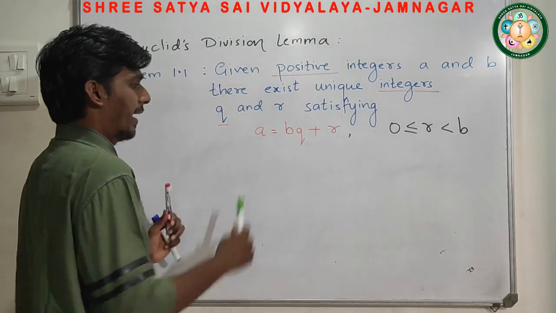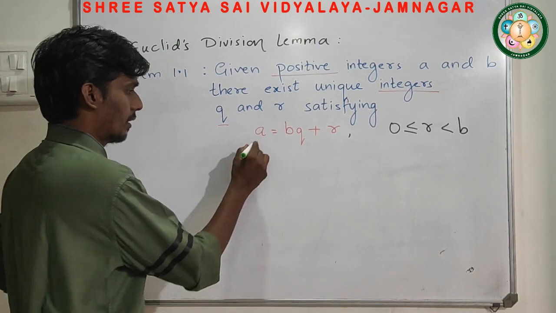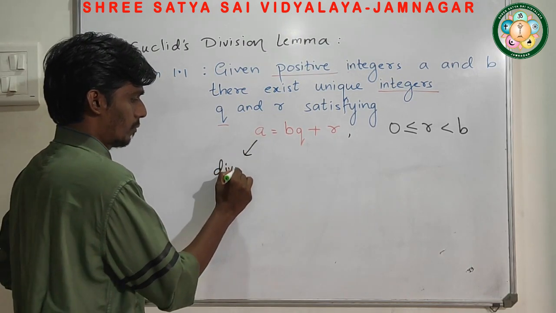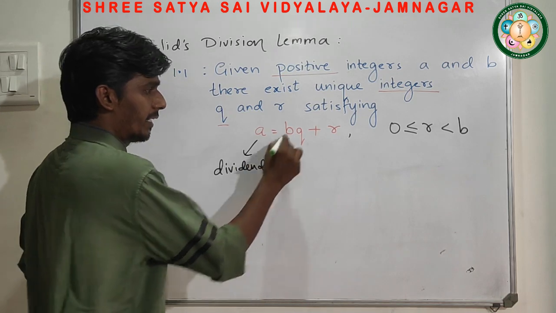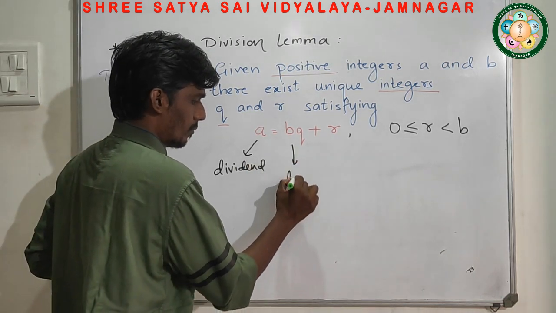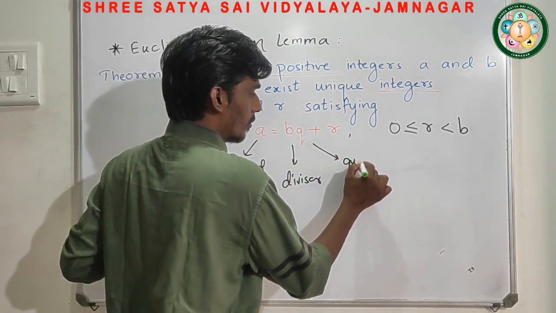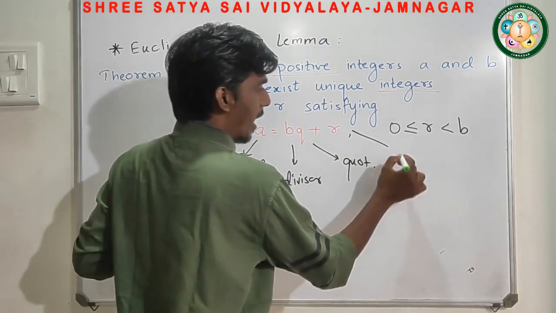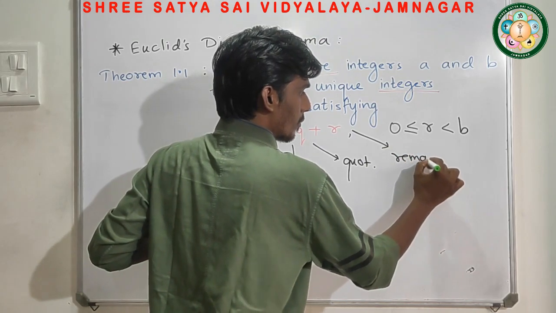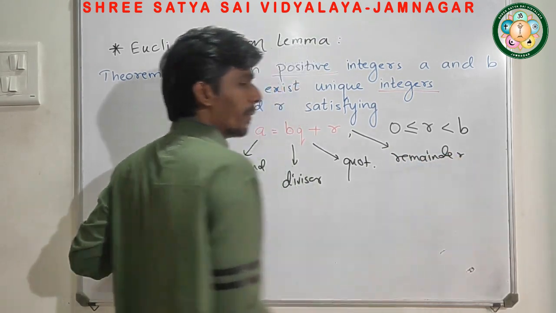Now here a is what? It's the dividend. B is what? Divisor. Q is what? Quotient. R is what? Remainder.